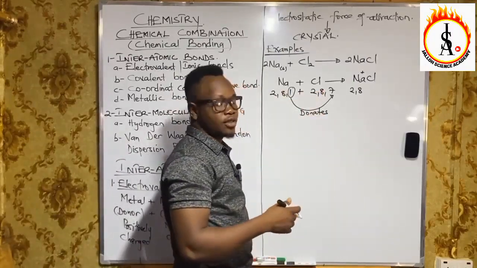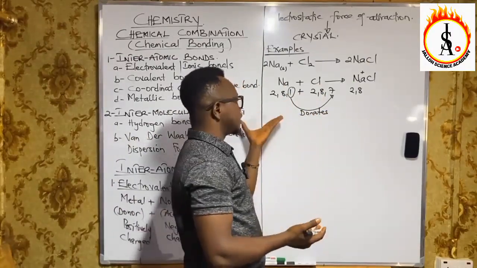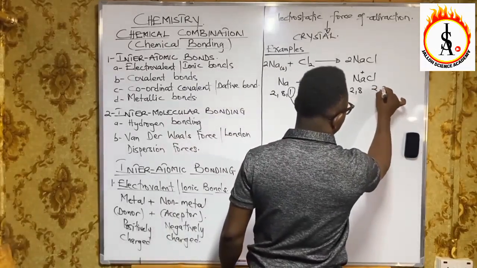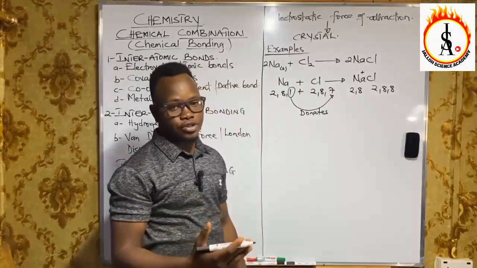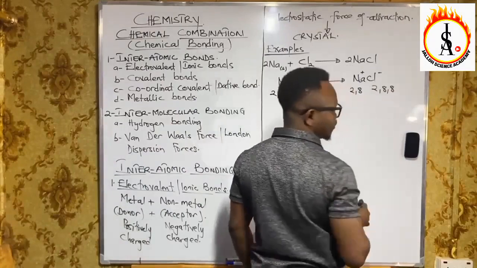And chlorine in turn is going to accept this donated electron. And when this electron is accepted by chlorine, then the configuration of chlorine becomes 2, 8, 8, attaining the configuration of an argon. And the chlorine then becomes negatively charged.